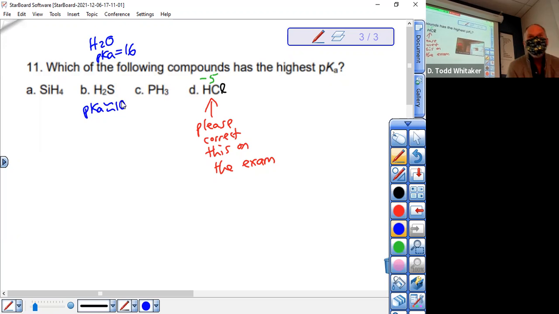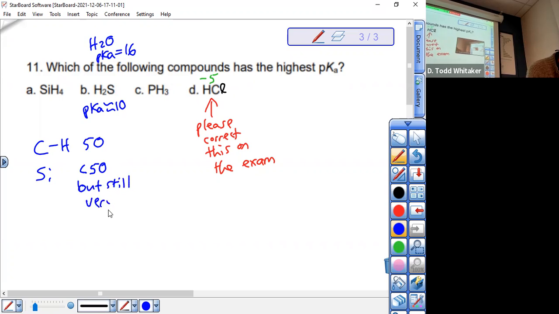It's the inorganic version of a thiol. Silicon we didn't do, but we do know the trend. Carbon, silicon would be H bonded to C is 50. And this would be not a lot less than 50, but less than 50, but still very high.